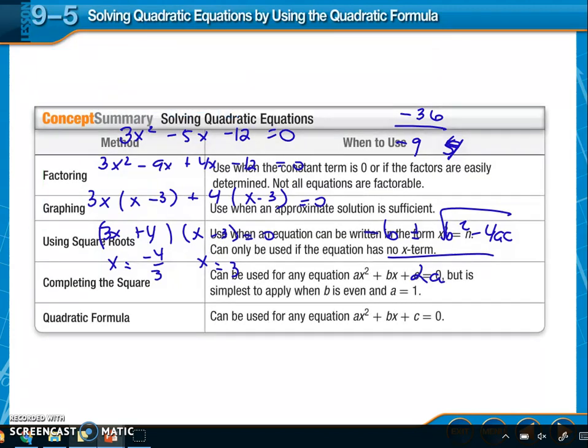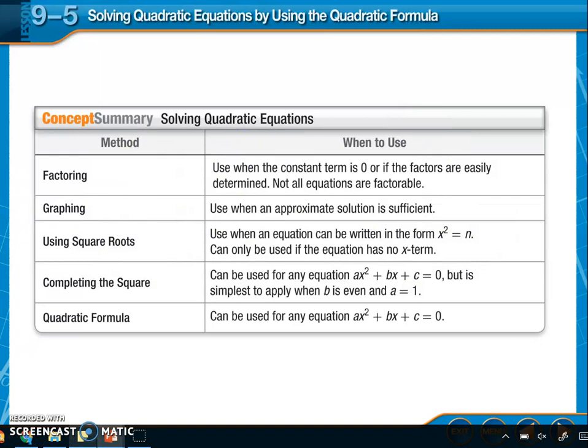Okay, so altogether, these are the different methods that we've learned for solving quadratic equations. The first one was factoring. So we use it when a constant term is 0 or the factors are easily determined. So like if it factors nicely, this is the fastest method. You can use graphing if you want to approximate a solution. If you just want to quickly graph it and see what it looks like, you can use graphing.